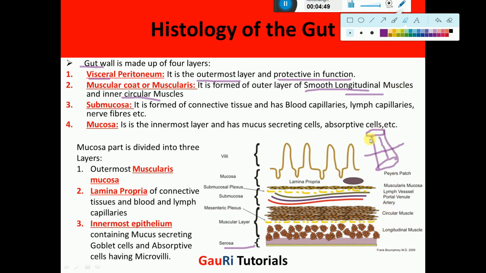They are arranged parallel to the gut wall. So this is the layer of longitudinal muscle. Then the second layer is of circular muscles, arranged in this manner in the gut. These two layers form the muscular coat or muscularis of the intestine.